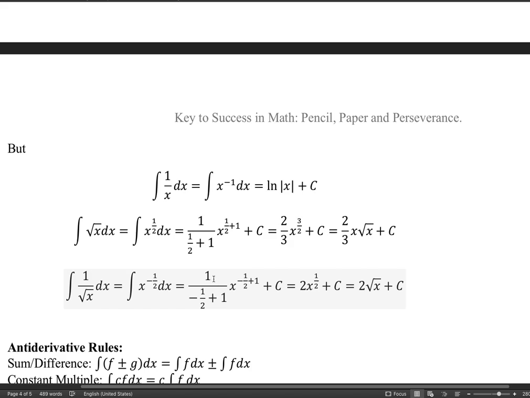This coefficient before x is always the reciprocal of the new power. So negative 1/2 plus 1 turns out to be 1/2. The reciprocal of 1/2, that's 2. So I'm getting the antiderivative as 2 times x to the 1/2. And hopefully this one is a lot easier to convert back to a radical. It is just 2 times square root of x. And also we do have an arbitrary constant in the end.